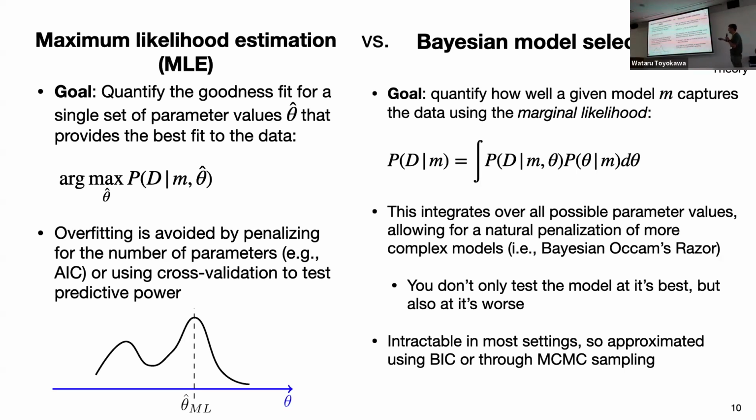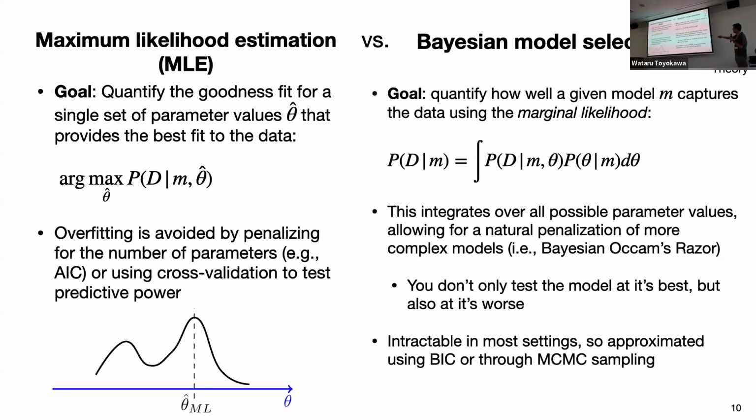And this allows us to capture a more natural penalization for the model, right? So overly complex models, in this best situation, could provide the best fit, but in general, it's overly complex, and from one situation to another, it might not actually be the best model, right? So the basic idea is that we're testing the model at its best, and we're also testing the model across the entire range of parameters, also when it's at its worst, okay?